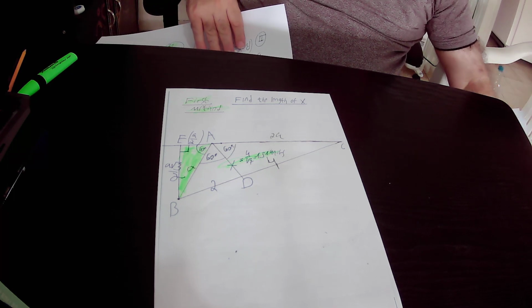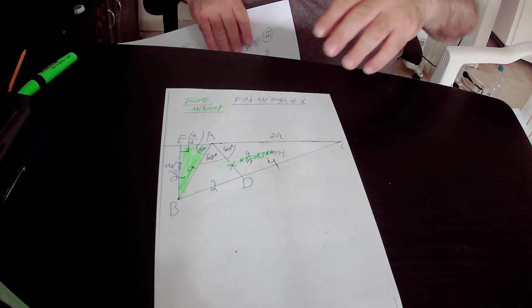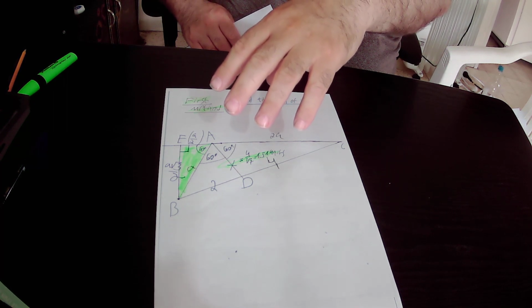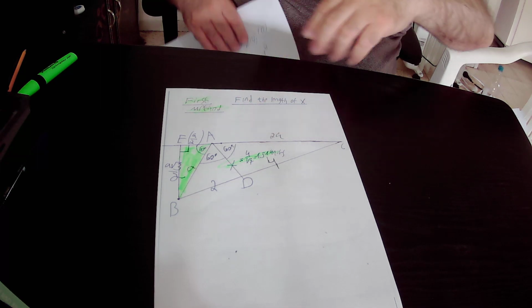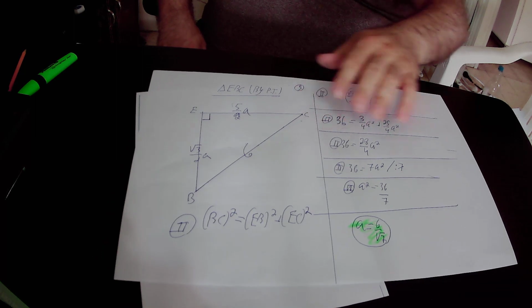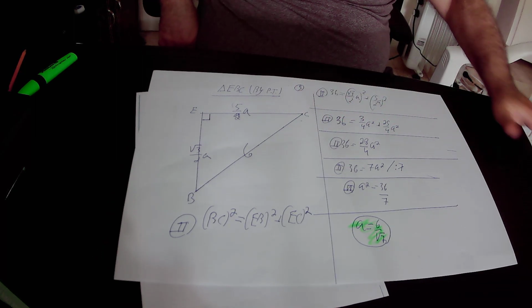Then we implemented the Pythagoras theorem on the right triangle, triangle BEC.